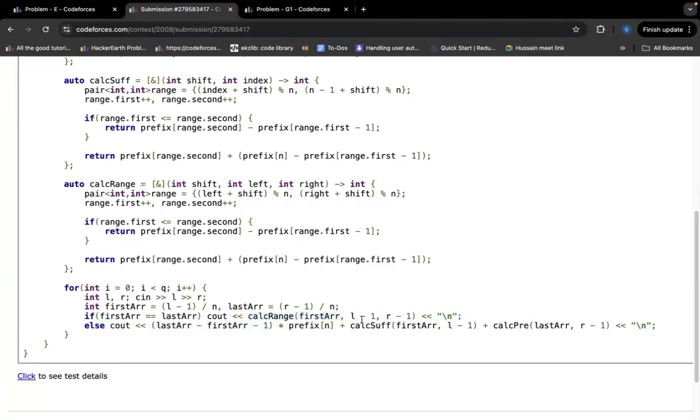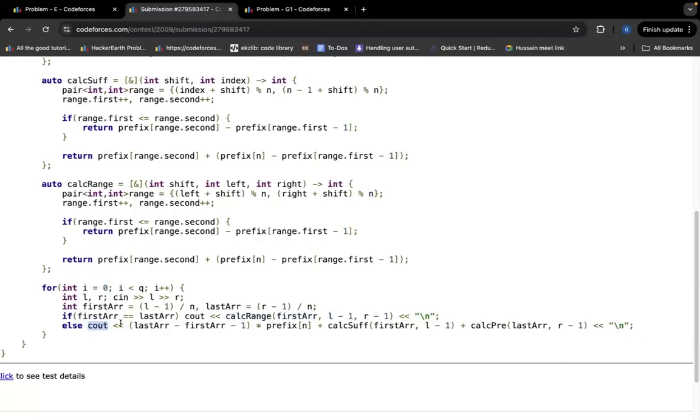You might be wondering why I have not put modulo n over here? Because it works over here. I put modulo n over here, right? So calc range is just first array L minus 1 to R minus 1.